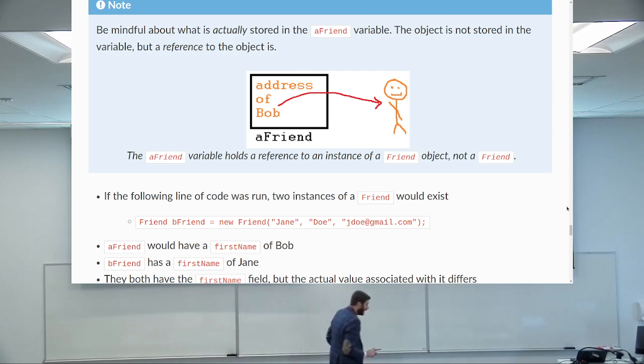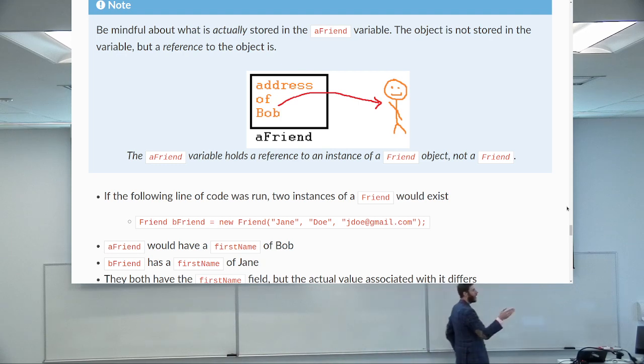I, and many other programmers, will often not specify that aFriend is a reference variable to a Friend object. Often, I will say, okay, we've got a friend, which is a Friend variable, or it's a Friend object. That's really not correct, but programmers understand, okay, yeah, but it's a reference variable. So just be mindful of that.